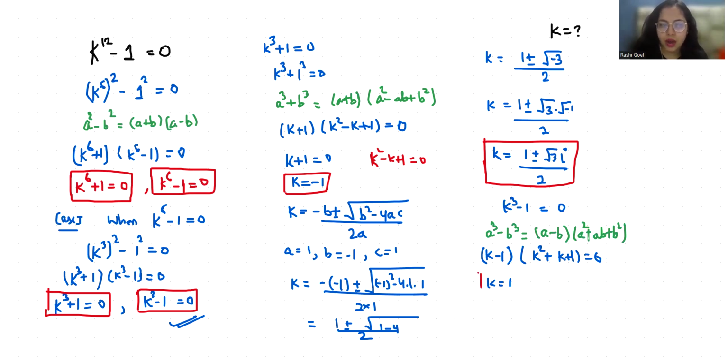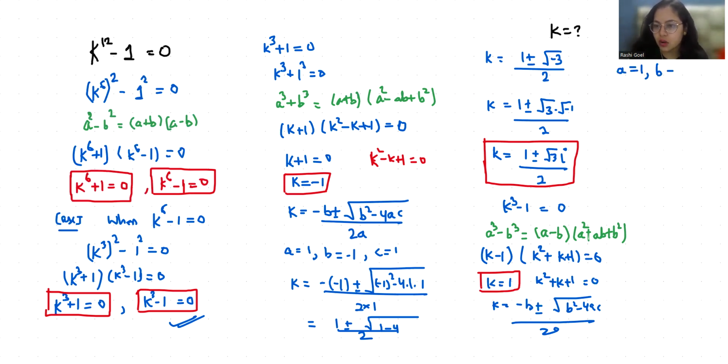And this k square plus k plus 1 is equals to 0. I'm using quadratic formula again. K is equals to minus b plus minus under root b square minus 4ac by 2a, where a is coefficient of k square, b is coefficient of k, and c is the constant.